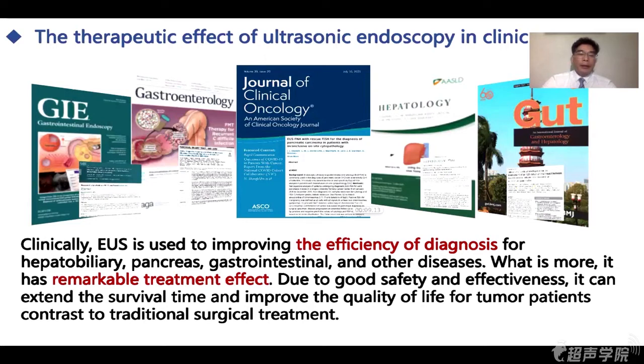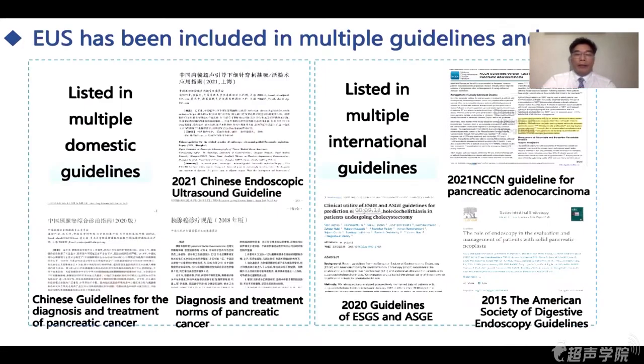Clinically, EUS is used to improve the efficiency of diagnosis. What's more, it has remarkable treatment effect. EUS has been included in multiple guidelines and norms, such as domestic guidelines and international guidelines.